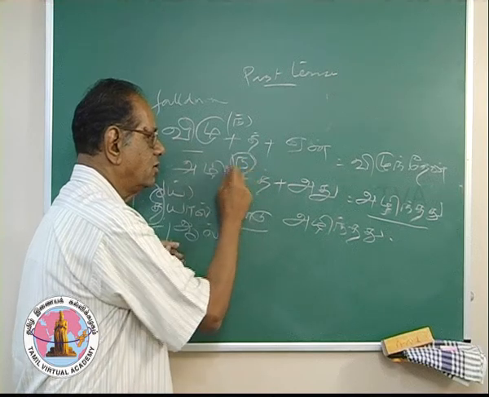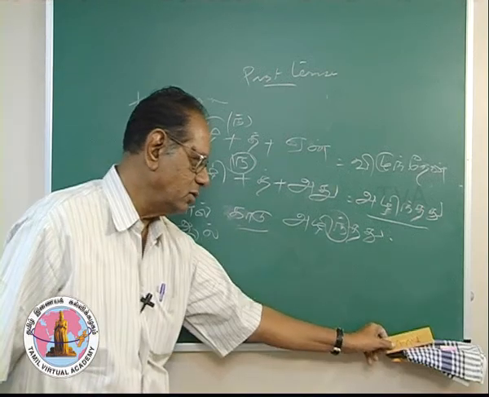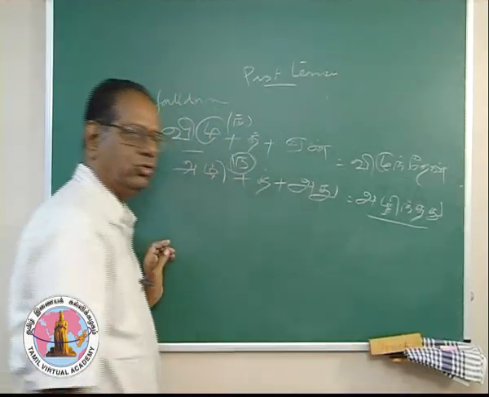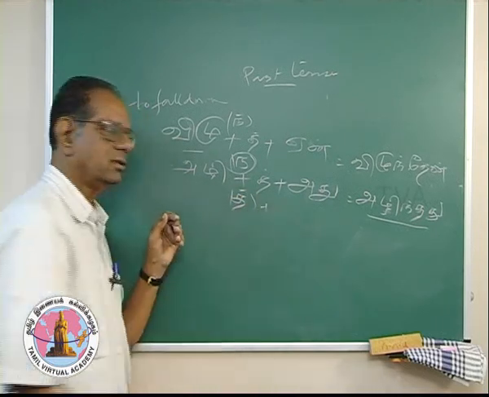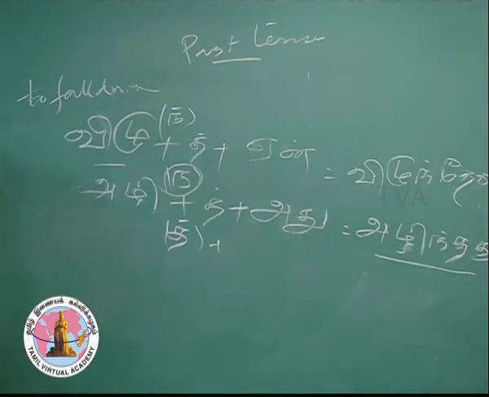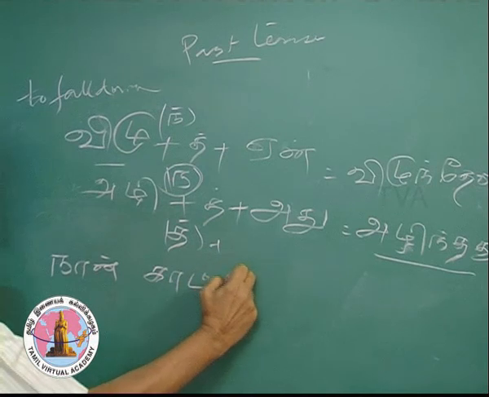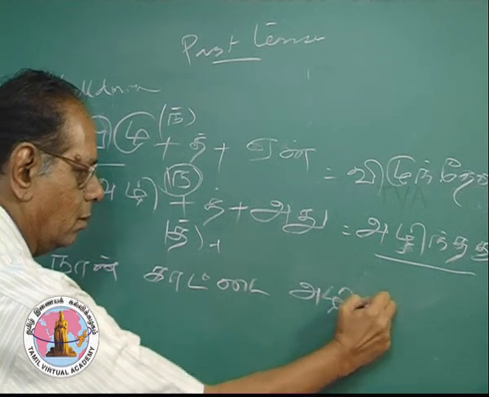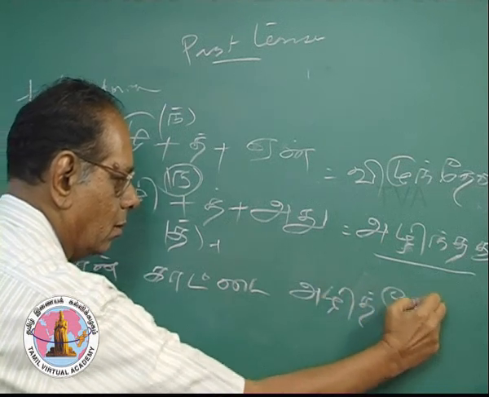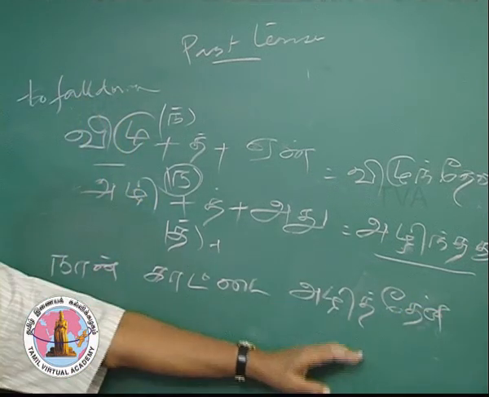Now, this nasal sound has been introduced here and this means to get destroyed. Suppose I make use of the doubling of this, how will it be? நான் காட்டை அழித்தேன்.